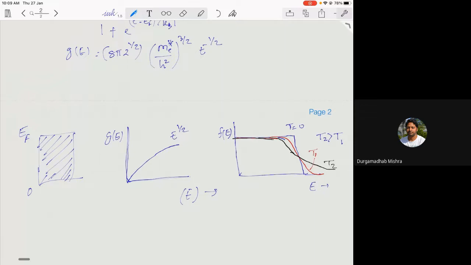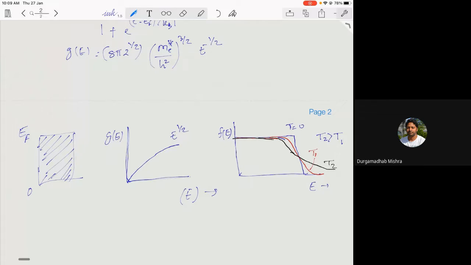As you increase the temperature, you will find more and more electrons occupying states. The probability of occupying energy states above the Fermi level increases, which is obvious because of the thermal energy.